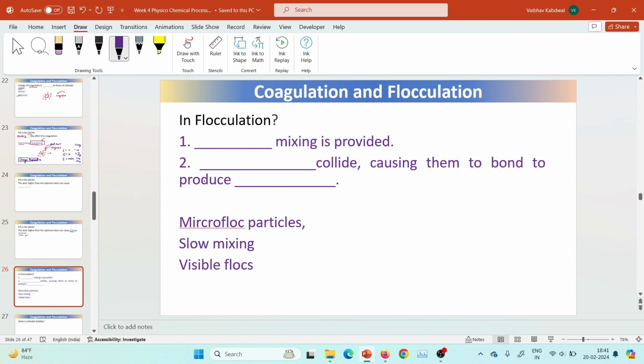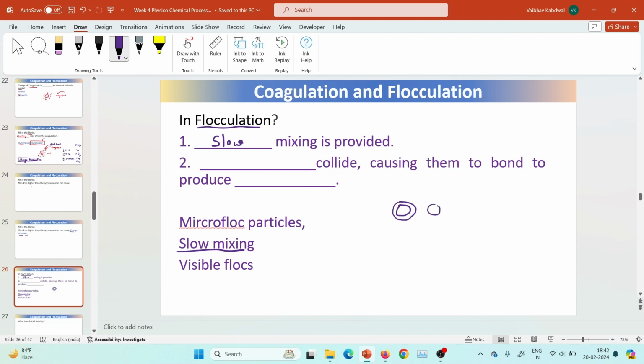Read this. In flocculation, slow mixing is provided. The slow mixing is provided after the charge is neutralized and the sticky layer is formed around the colloidal particles.